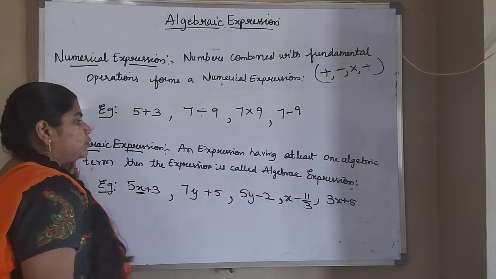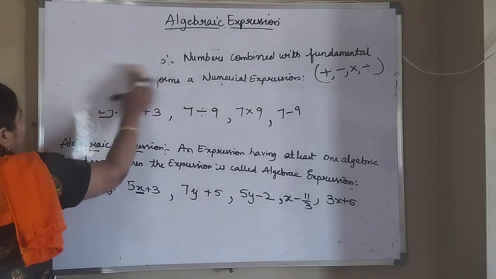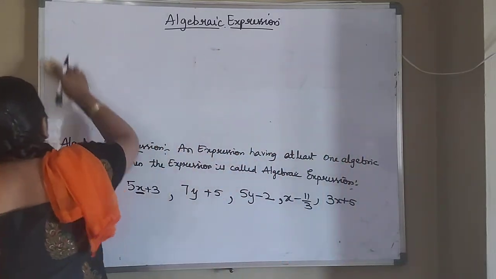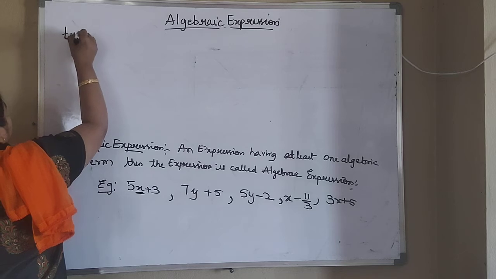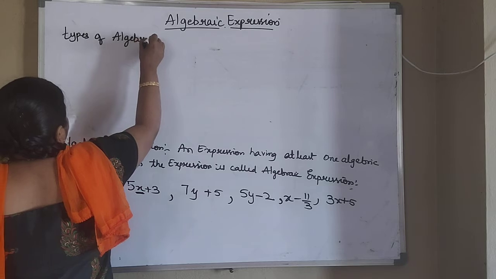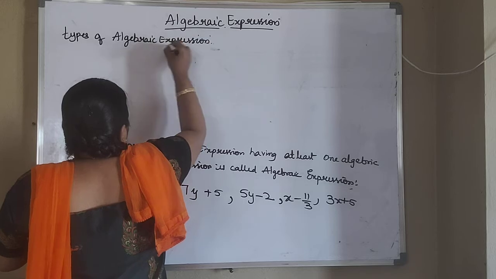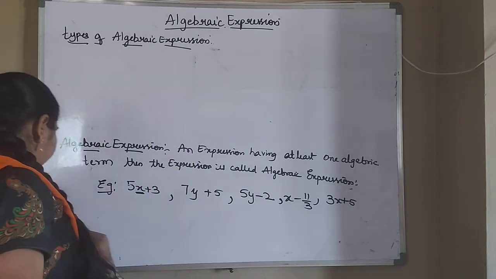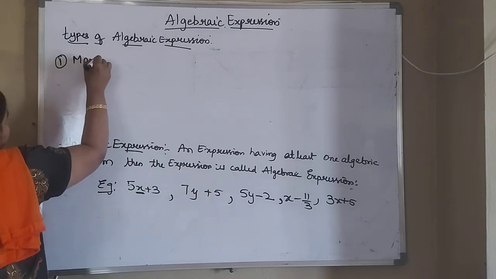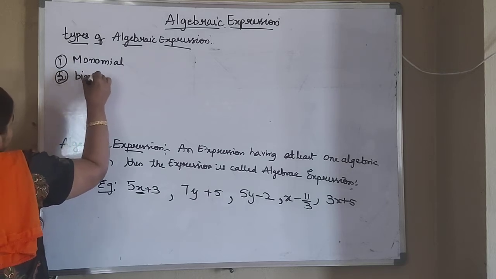In these algebraic expressions, they are divided into types again. So what are the types we will see? Types of algebraic expressions. How many different types are there? First one is monomial. Second one is binomial.